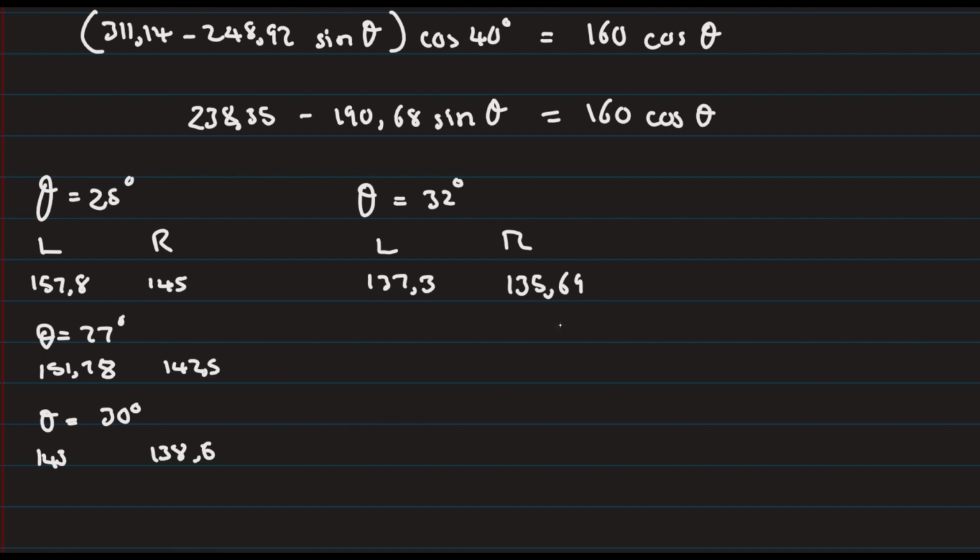Okay, let's try 33 now. When theta is equal to 33, left hand side, 238.35 minus 190.68 sine 33 is equal to 134.